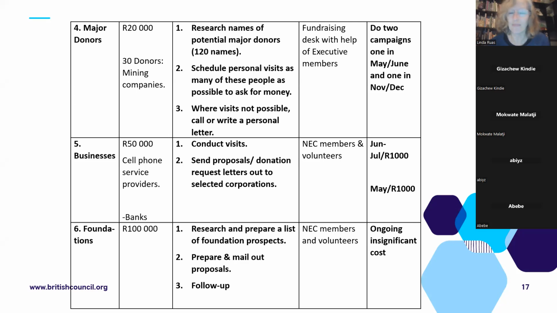Two campaigns. Businesses as well, number 5: cell phone service providers and banks, from the suggestion. This is trying to get the members and volunteers to go around and ask if they can donate anything. And then other foundations, so other groups and charities: mail out proposals, a list of the foundations, and follow up.